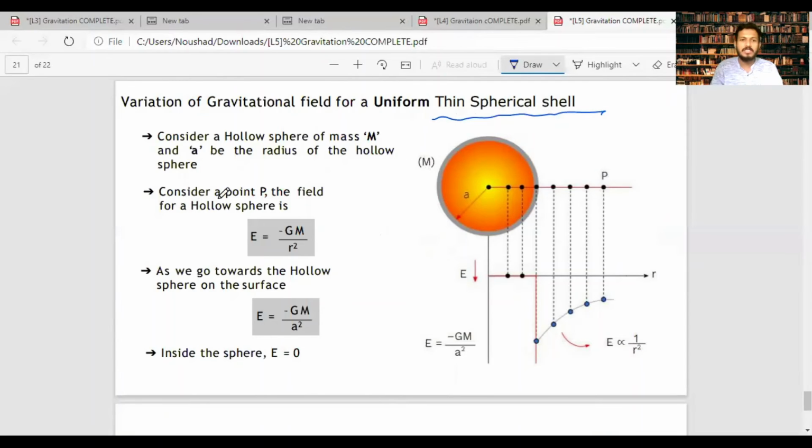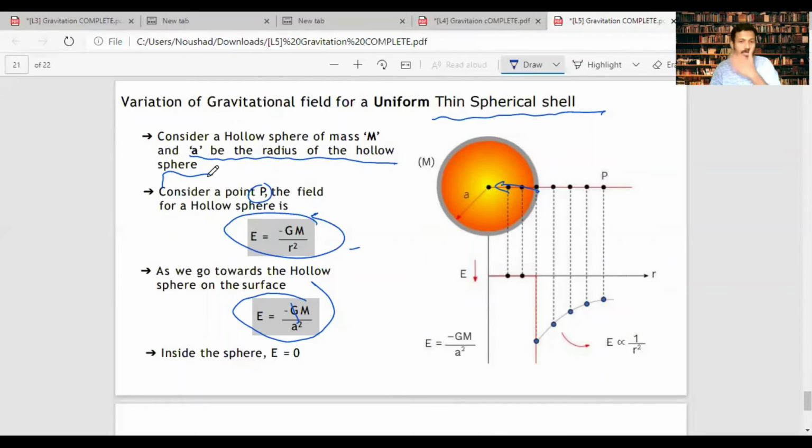For a thin spherical shell, the field at point P outside is minus GM by r square, no problem. As we go toward the hollow sphere, at the surface it is minus GM by a square. Here a is the radius of the hollow sphere. Inside this sphere the intensity is 0, because this is a hollow spherical shell.